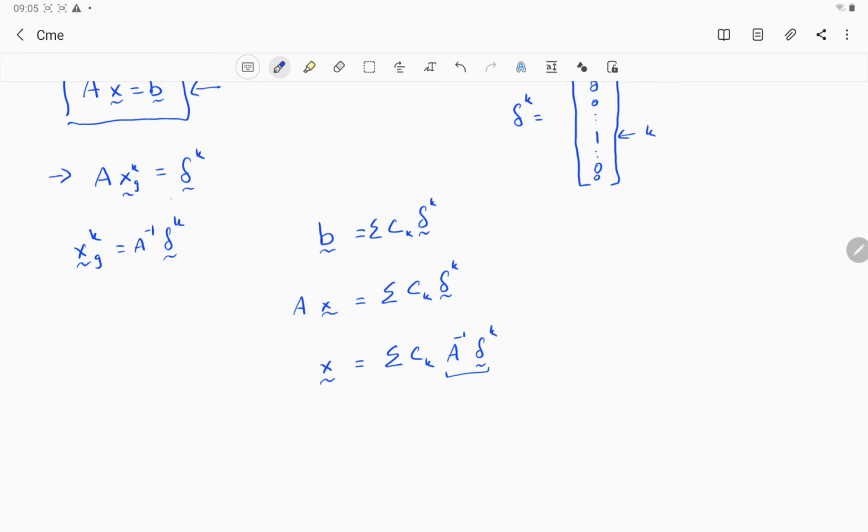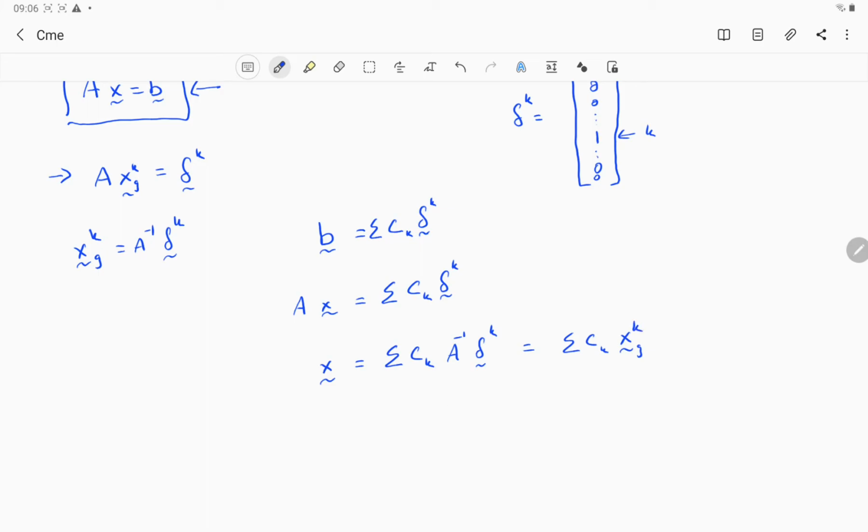This thing is nothing but xgk. So I am going to write summation of ck xgk.